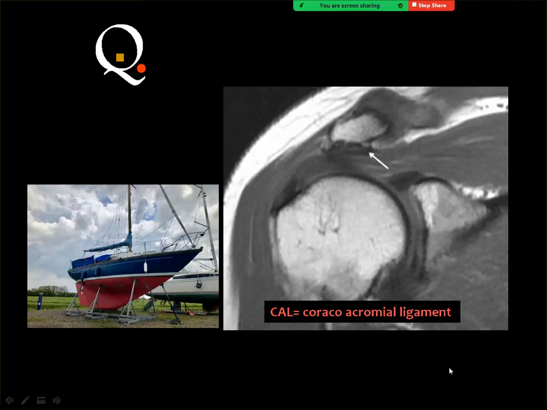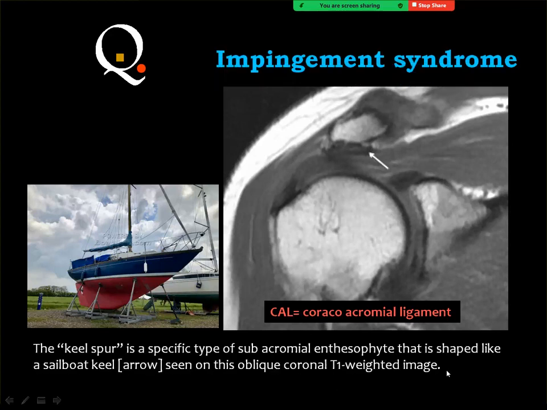There are a lot of causes of impingement in the region of the acromioclavicular joint, and they usually correlate this with the keel spur, and this is the keel spur of the boat.